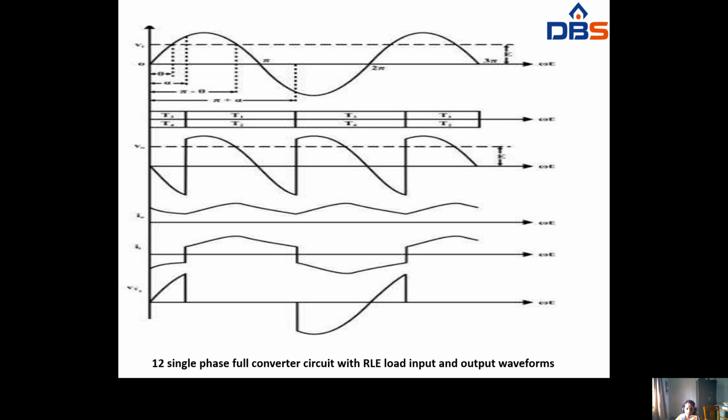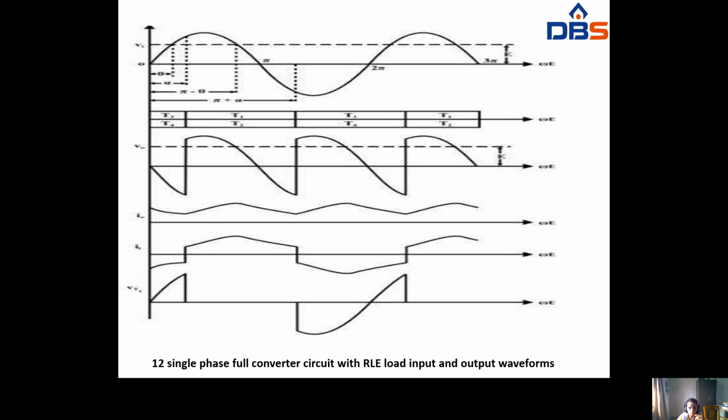So we have to see the input and output waveforms of this single phase full wave converter circuit with RLE load. Whenever we give a fire impulse at alpha to T1, then T1 and T2 will be operating. So the output voltage will be obtained like this.